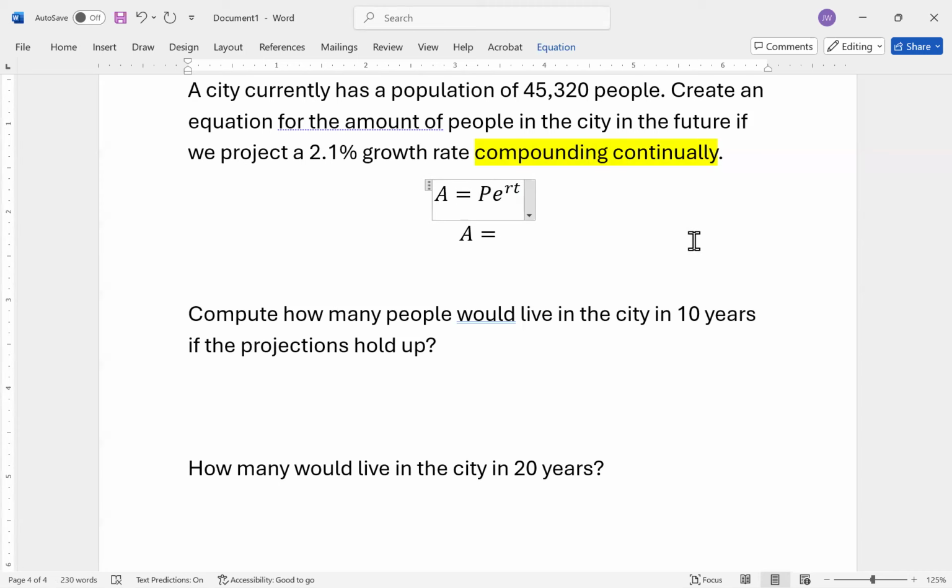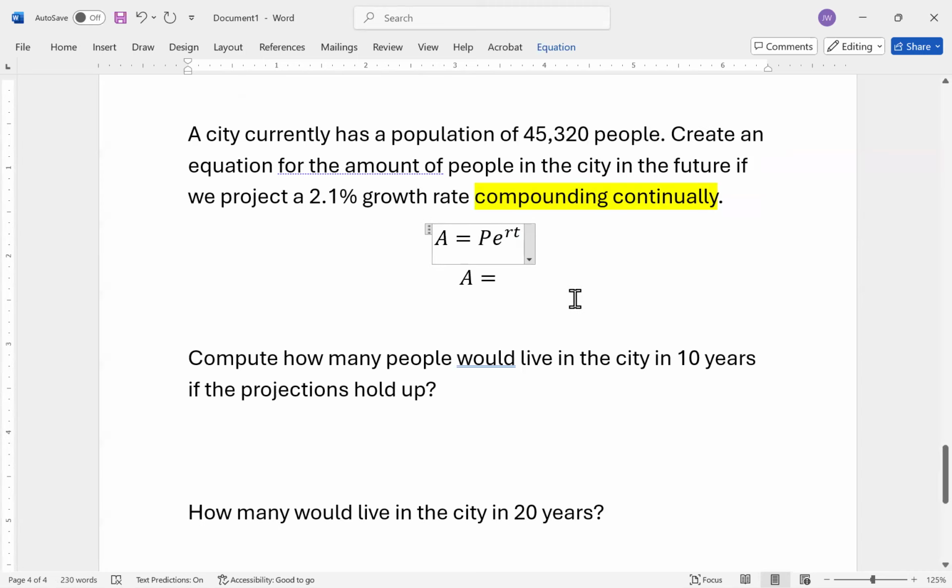We call that principal. That might not be super appropriate for a population. Principal is a term usually used with money, but we understand that it's our initial amount.